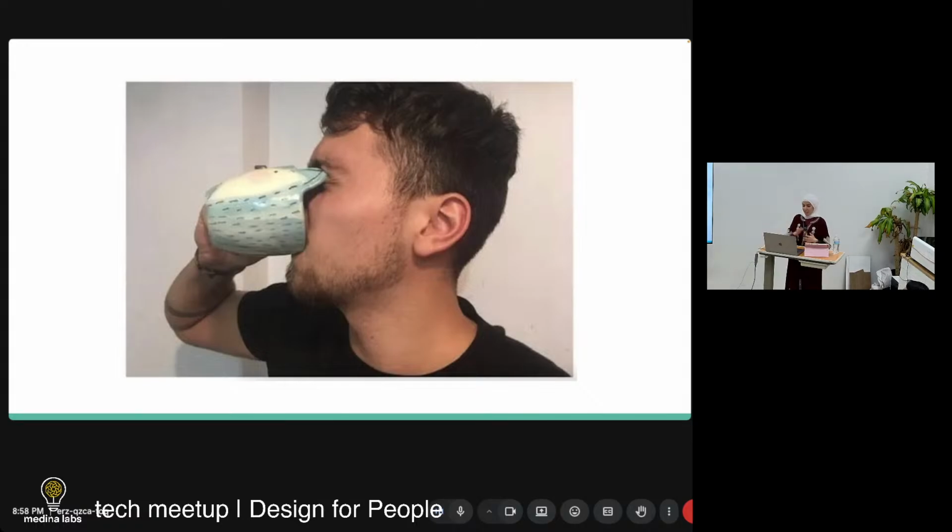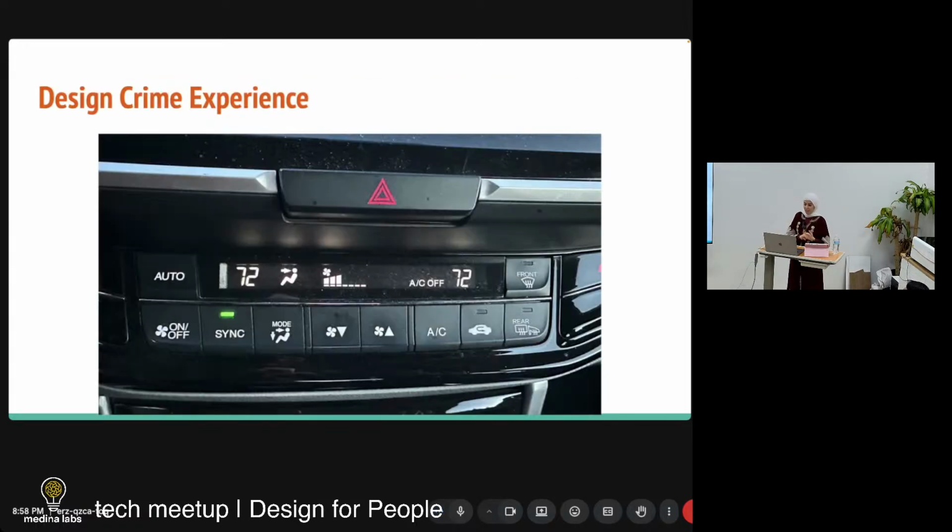So let's look at this one. This is the climate control panel in my car, and I've been driving this car for 9 years. Every time I'm confused by the AC off text. Every time I look at it, I'm confused whether it's a status telling me that the AC is off, or a command telling me to press this button to turn the AC off.